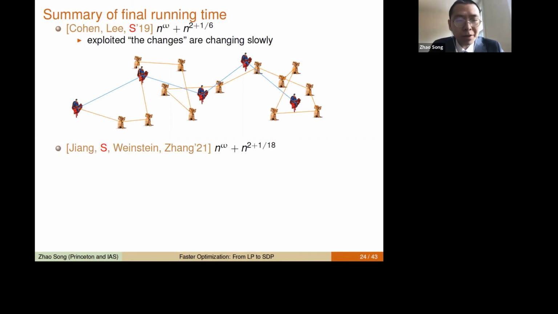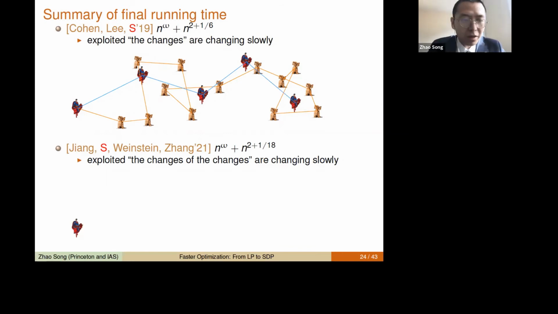And in our new paper, we are not only using that the changes are changing slowly. We are also using that the changes of the changes are changing very slowly, which is the second order of the changes. Let's say this is a dog, and we not only have a human, we also have a child. So now the task is more complicated. Your child needs to take care of the dog, and the human needs to take care of the dog and child at the same time.